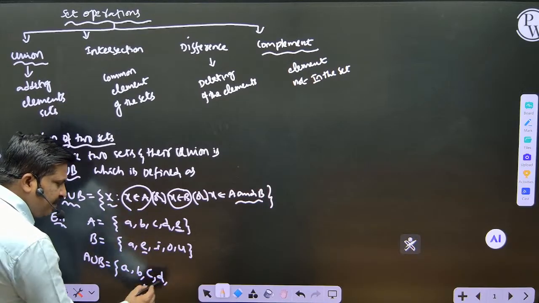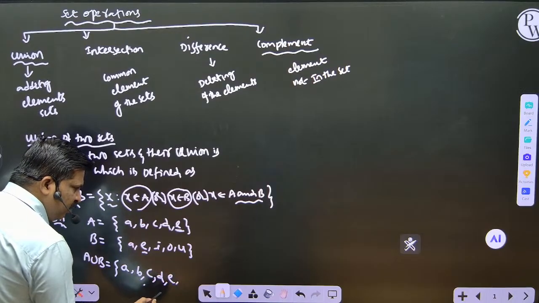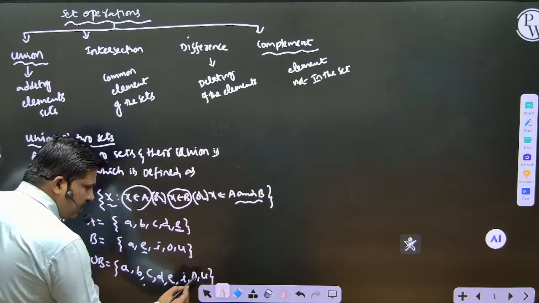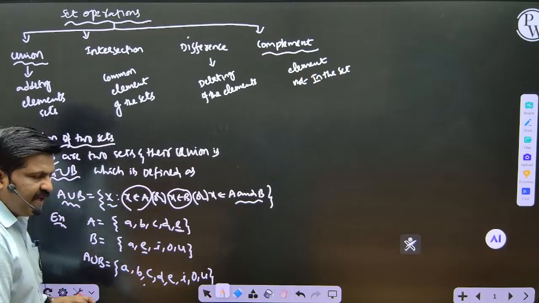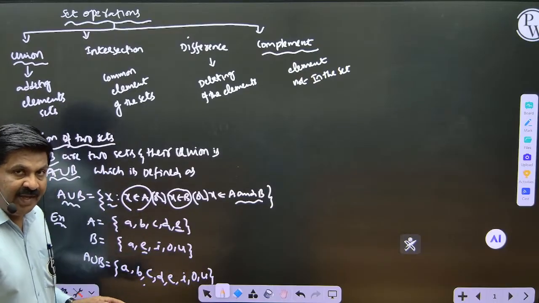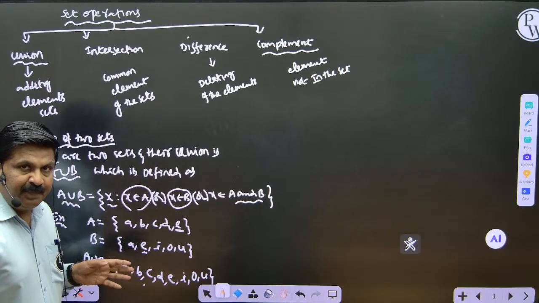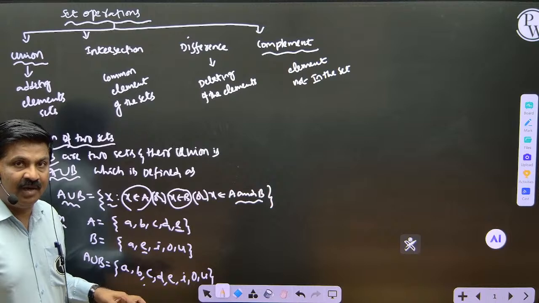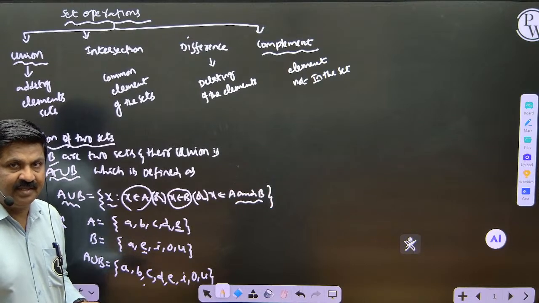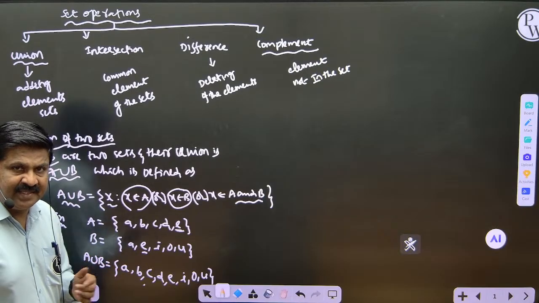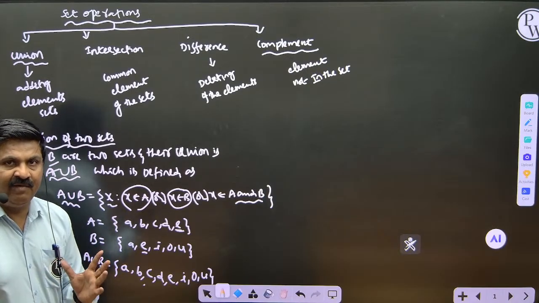Two times, but we consider it only one time. While writing the elements in set form, the same element should not be written repeatedly. If the same element is repeated thrice, you write it only one time.